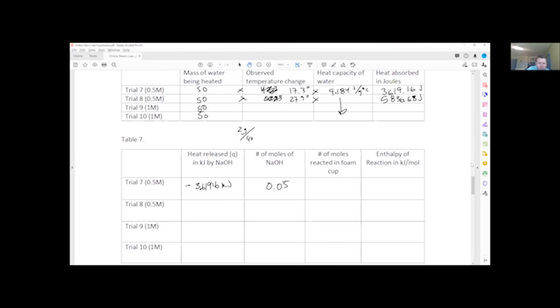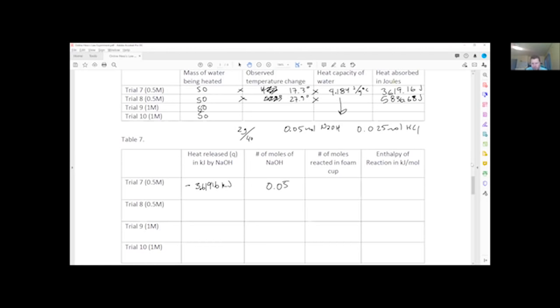Well, I had 0.05 moles NaOH that reacted with 0.025 moles of HCl. That 0.025 moles of HCl was my limiting reactant.